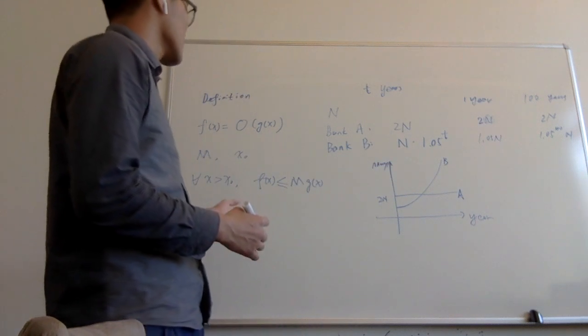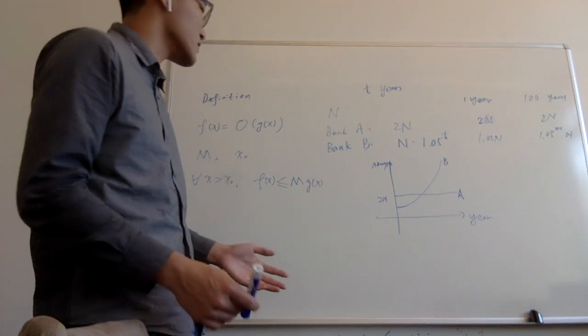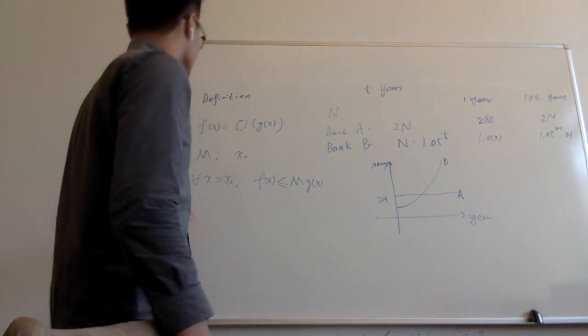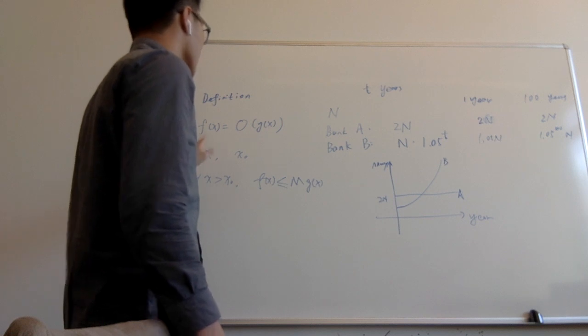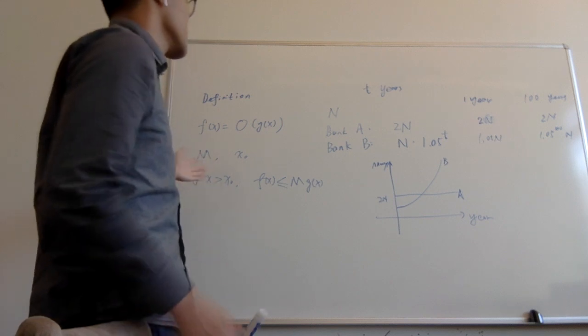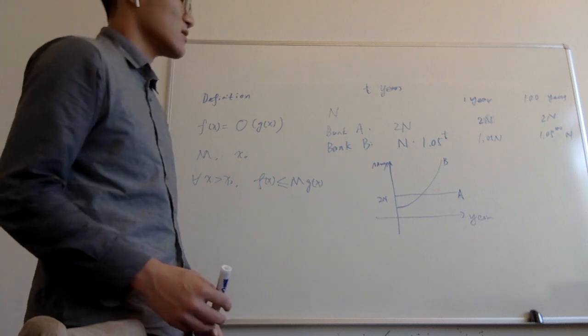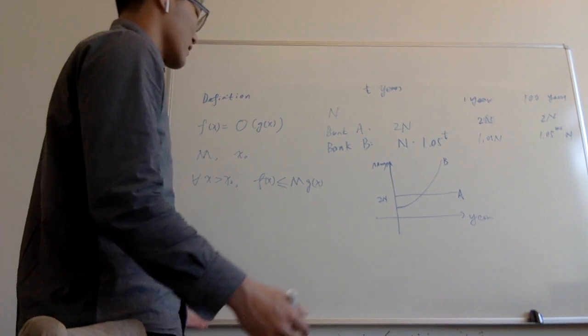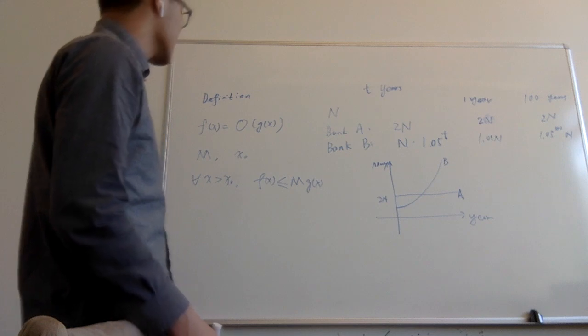In that case, we can normally ignore the constant term in the front. So basically, if we can find any m that is constant, it should work. m can be 1,000, 10,000. It doesn't matter here.